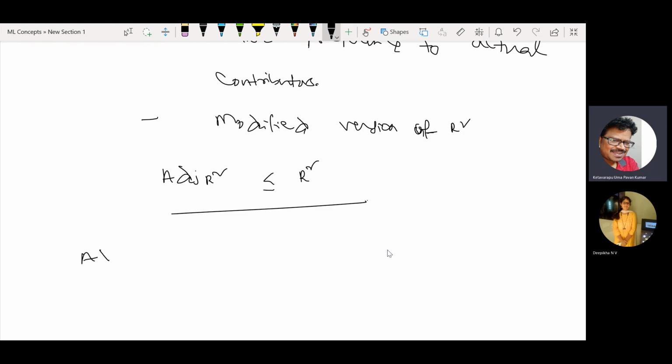Now, what is the formula for that? Just observe here: adjusted R square is equal to 1 minus (1 minus R square) times (n minus 1) divided by (n minus p minus 1).